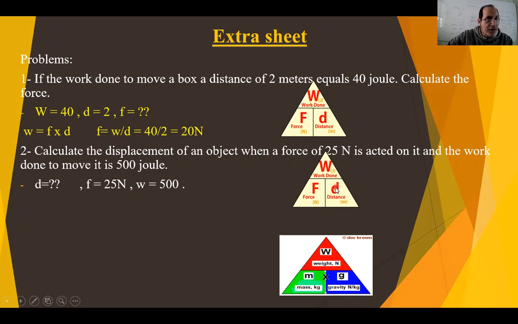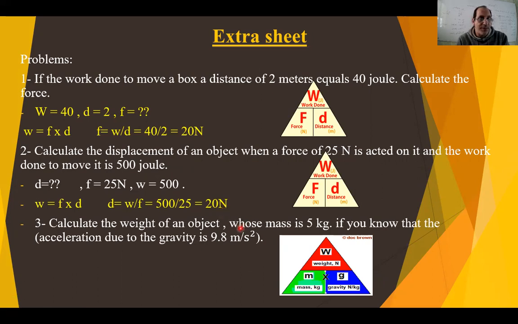We must put our finger on the distance or the displacement. So we'll find that work divided by force equals displacement, so distance equals work divided by force, 500 divided by 25 equals 20. Displacement here is not newton, I'm sorry, it's 20 meters. Here is 20 meters instead of 20 newtons, okay?